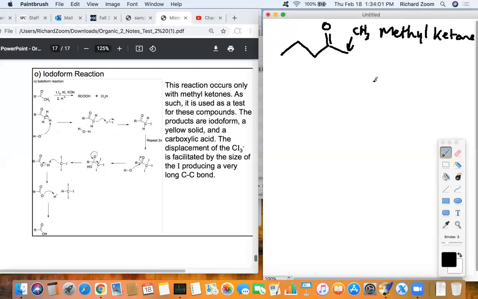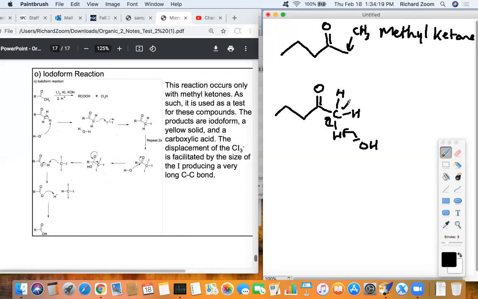The other thing we know is that if we were to react a methyl ketone with a base like sodium hydroxide, it is possible for the sodium hydroxide to pull off a hydrogen.